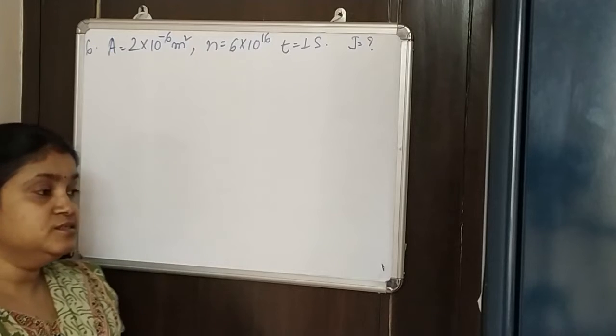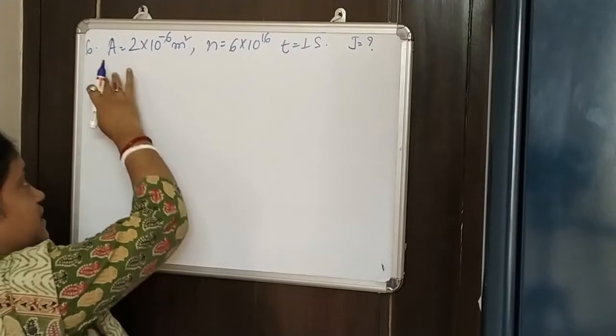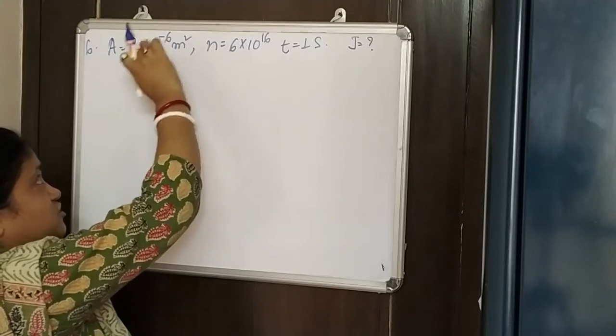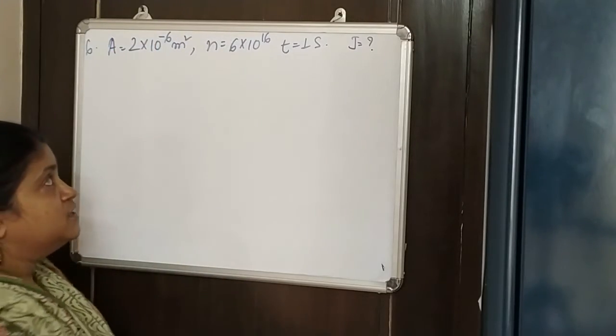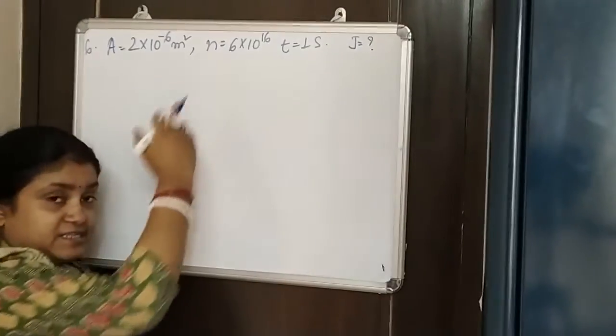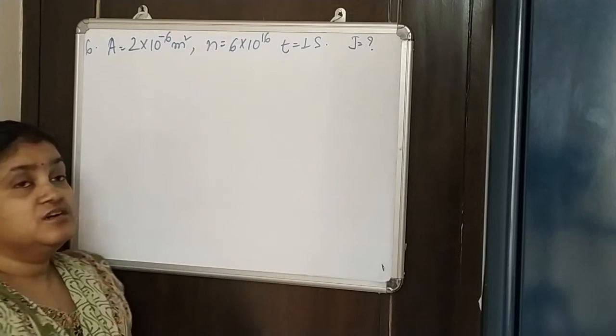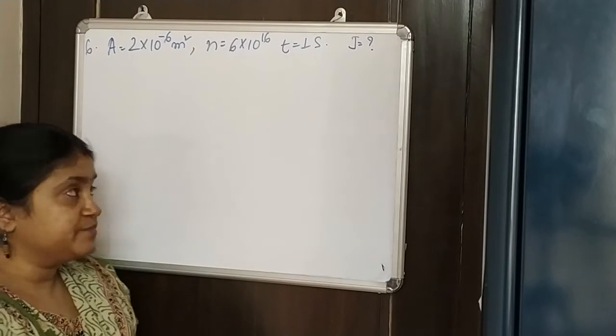Sixth numerical. In this numerical, it is given that for an area of cross section of this much, 6 into 10 power 16 electrons are flowing per second, meaning in 1 second of time, this many electrons are flowing.